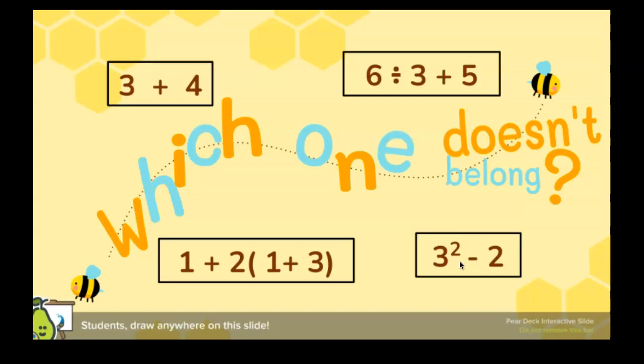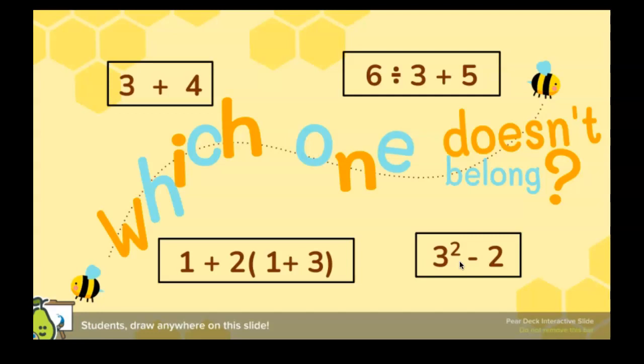Selena, you want to share? Yeah, I would say 3 plus 4 doesn't belong because, like you said, today we're learning about the parentheses and stuff, and 3 plus 4 doesn't have any, and it's just a one-step equation. One step, right? Okay, Briar, go ahead.